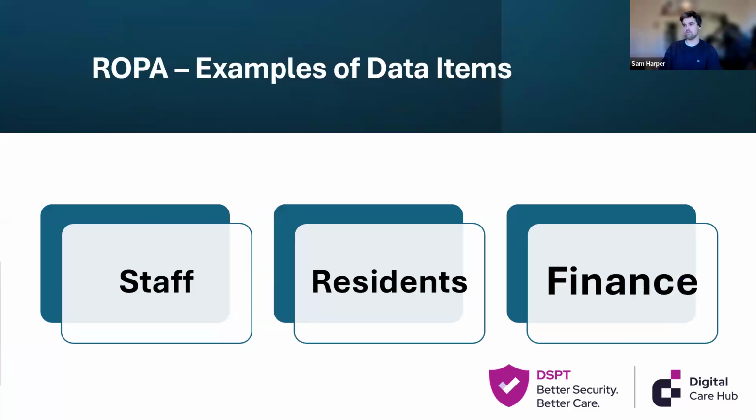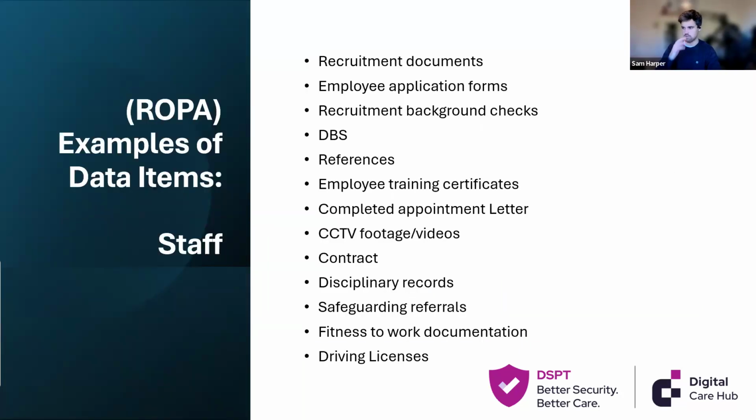So what are some examples of data items? These could refer to staff, residents, patients, or finance. I'll give you some examples of information that comes in or out of an organization. Let's look at staff first. These could be recruitment documents, because we're sending them to staff before we hire them.